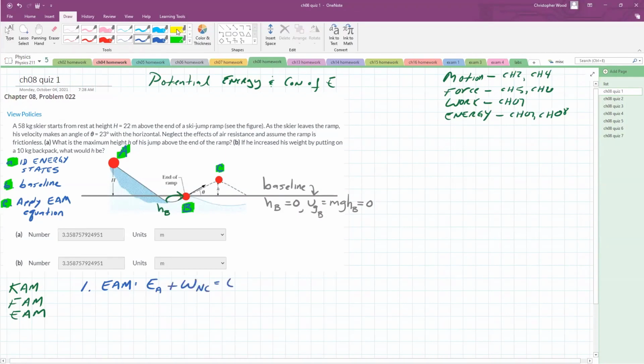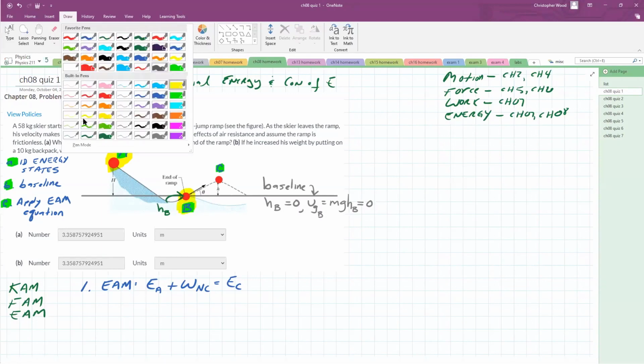So what it's saying, the way I drew it, consider the skier's total energy here at energy state A. Whatever that total amount of energy is, it's going to be the same as it is here at state B minus some non-conservative work. So a quick sidebar about an essential subtopic here called non-conservative work.